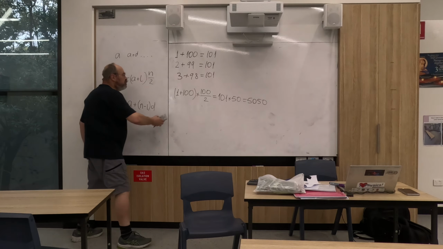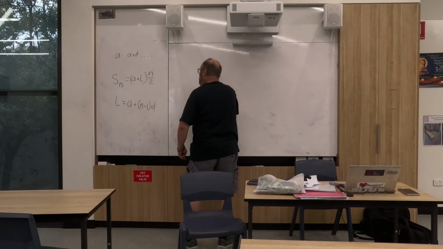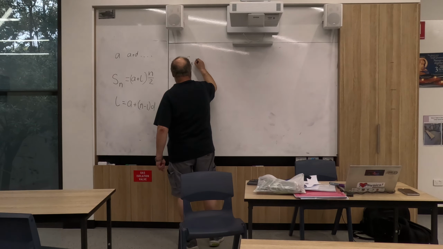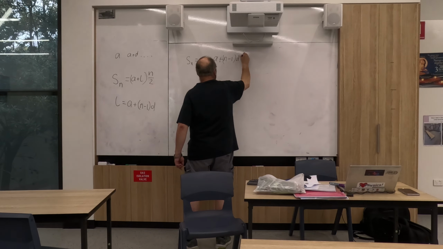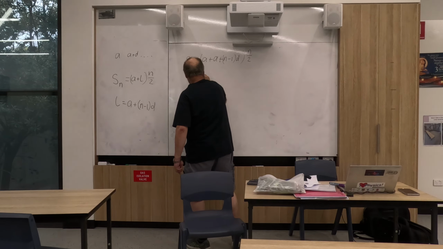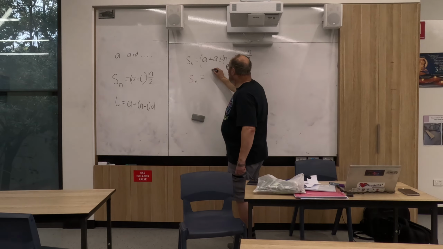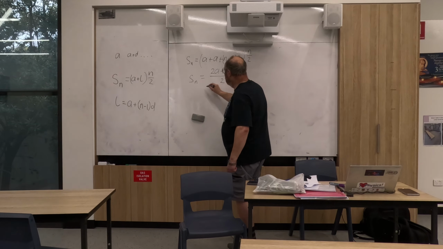Substituting it into the formula we derived gives Sn equals a plus a plus n minus 1 d, times n over 2, and simplifying we get Sn equals 2a plus n minus 1 d, over 2, times n.